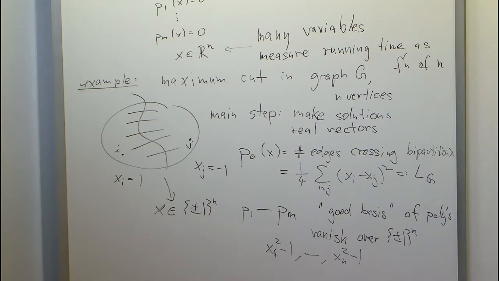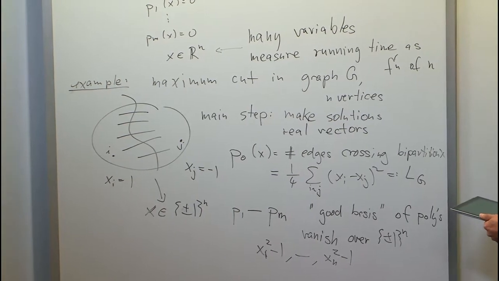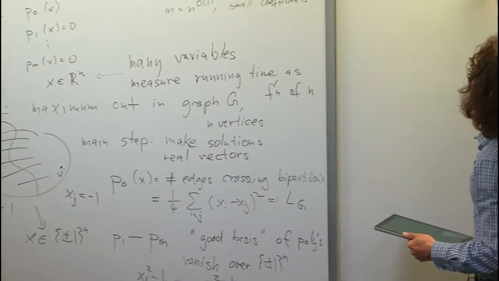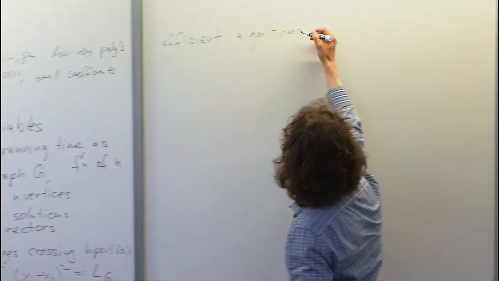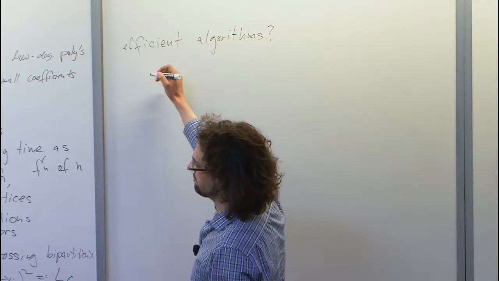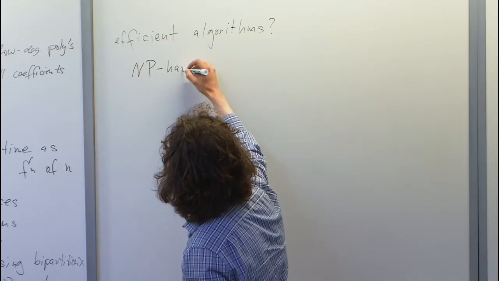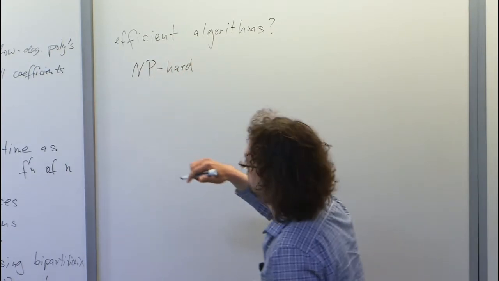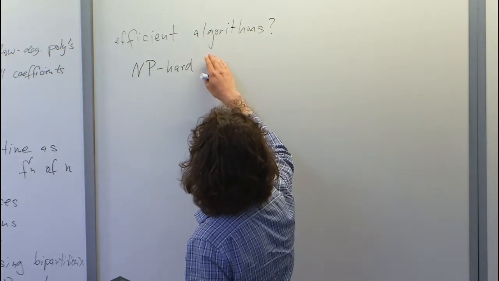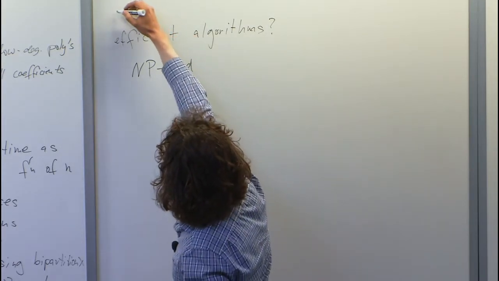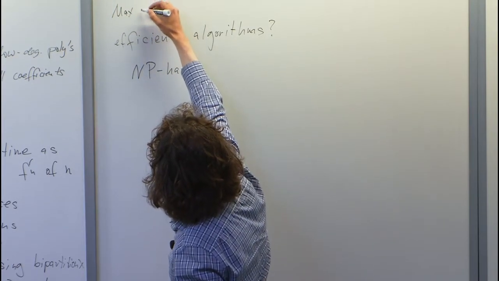Now, the question that we're interested in is, are there efficient algorithms for these kinds of problems? And as you probably know, this problem is NP-hard. Let's keep this example of max cut.